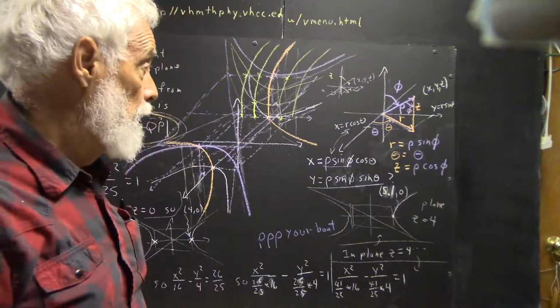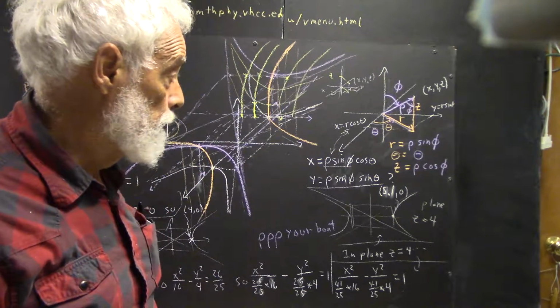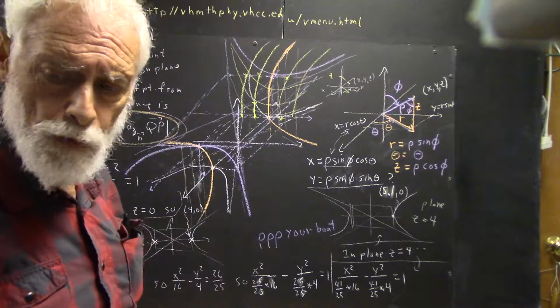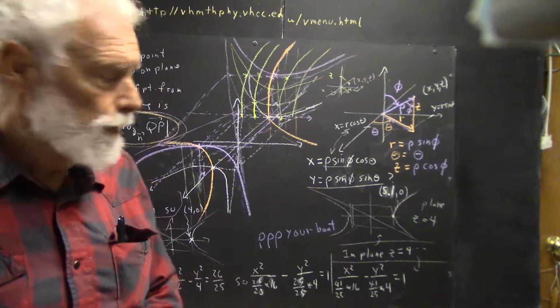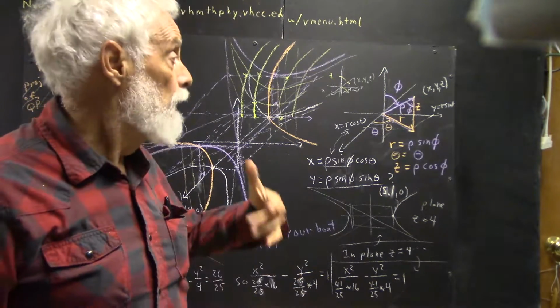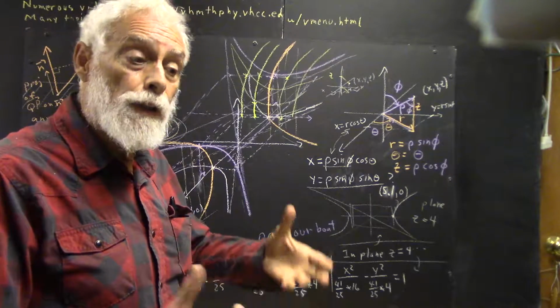Okay, well that's very good, but now we want to talk about cylindrical and spherical coordinate systems, because there are so many things in three-dimensional space that have cylindrical and spherical symmetries.